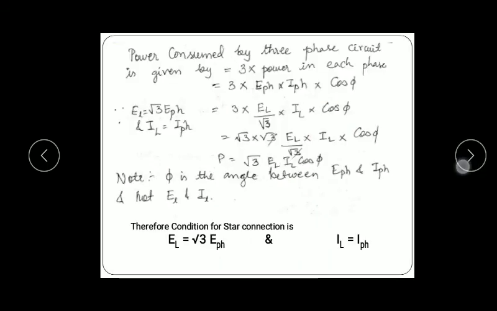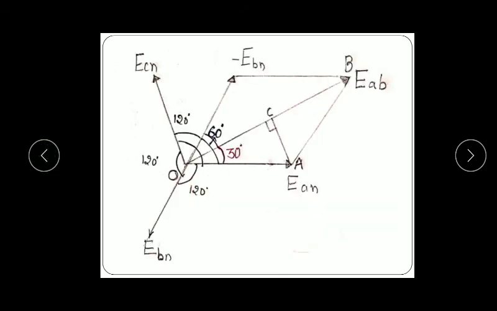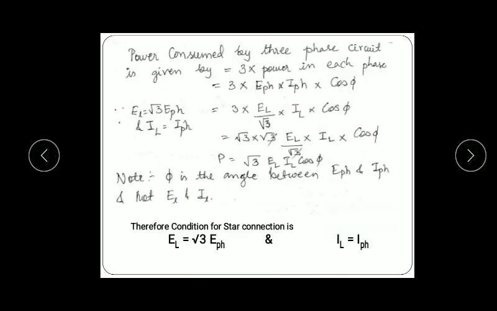And you have to prove that the line voltage is always equal to root 3 times of phase voltage. And the vector diagram is very important, and also the power consumed by three-phase circuit.